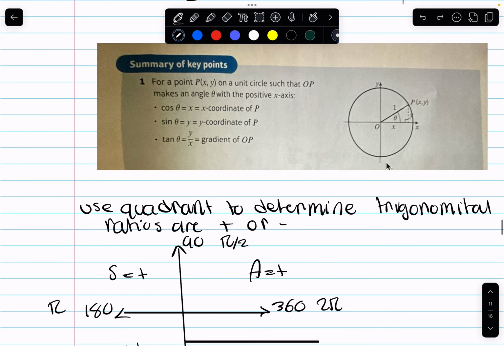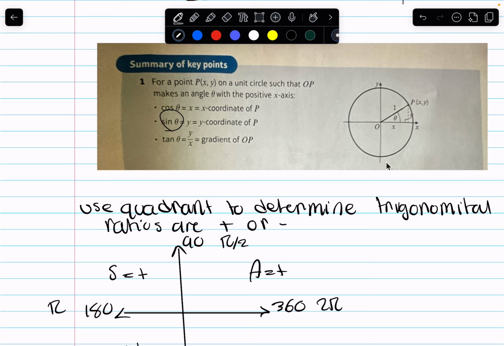So chapter 6. For a point P (x, y) on a unit circle, with theta being the angle OP makes with the positive x-axis, if you want cos theta, then it equals this x, the x coordinate.